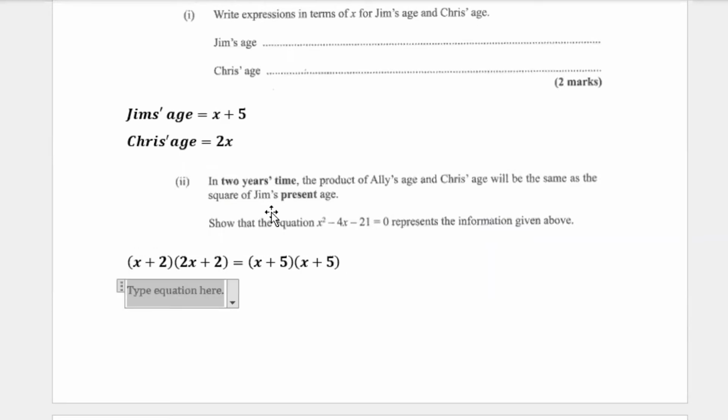So now if we're expanding our bracket, what we'll be doing first is x times 2x, then x times 2, and then 2 times 2x and 2 times 2.